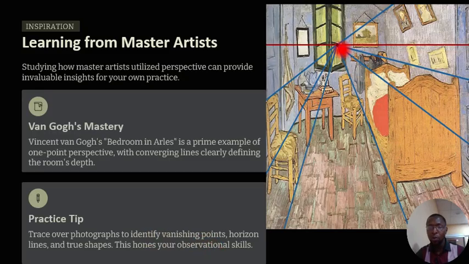The vanishing point falls on the window here, and the receding lines meet at that vanishing point, and then there's the horizon. So you get a photograph and try to locate these things: the horizon line, the receding lines, the vanishing point, and then the true shape facing the viewer.